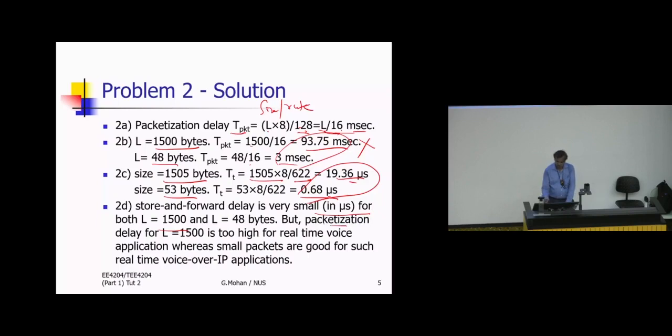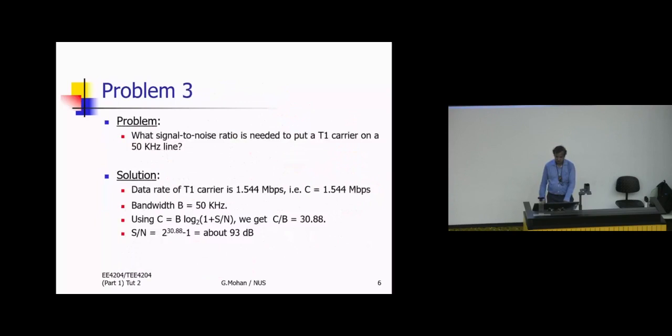But the packetization delay for L equal to 1500 is too high for real-time voice applications. So the packetization delay is the key concern here, not the transmission time. I think the question itself says small packets are good for real-time voice over IP applications. Any doubt?